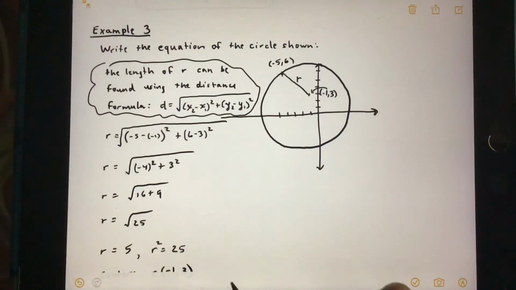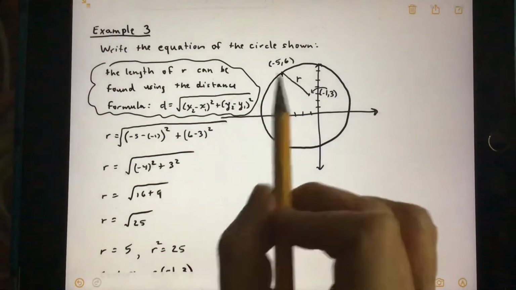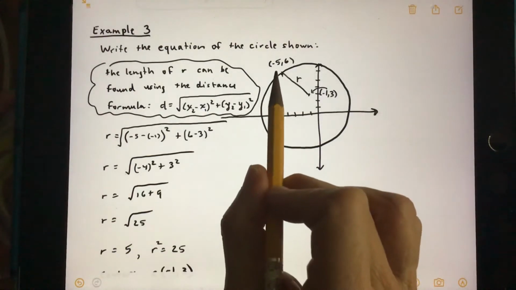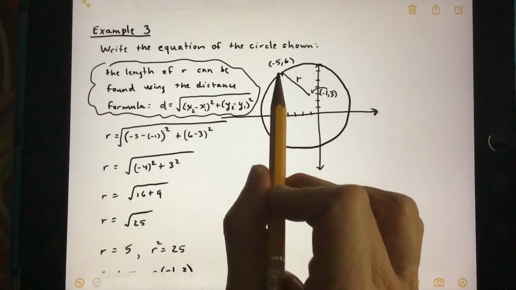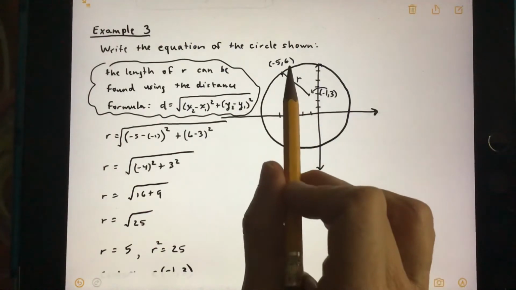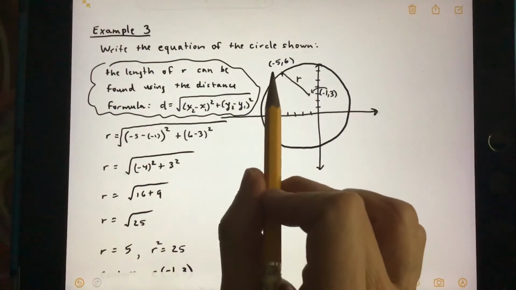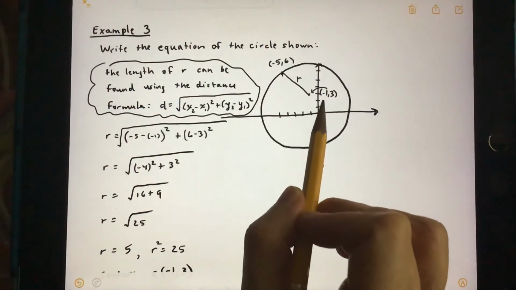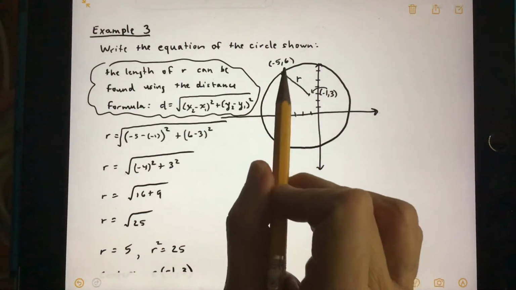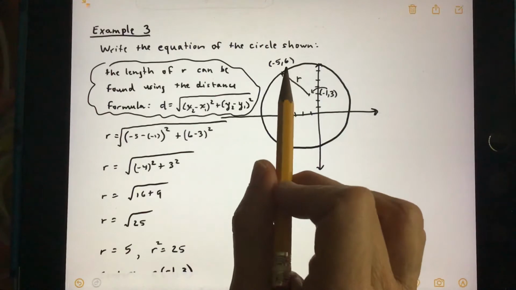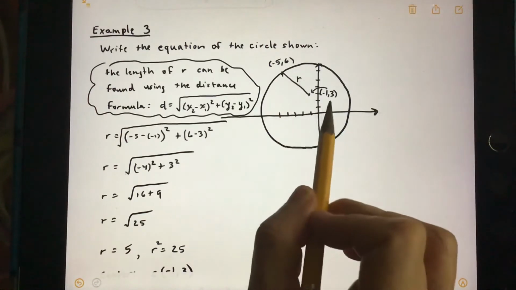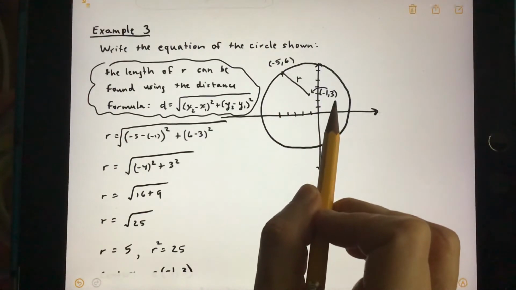So we decide which point we want to designate as our (x2, y2), and I'm going to designate it as −5 for my x2, and my y2 then of course is going to be 6. So I'll be subtracting −5 minus −1, there's my x1, squared, plus 6 for y2 minus 3 for y1.